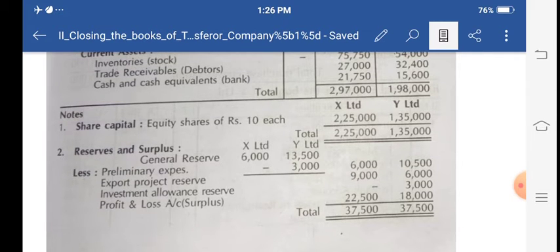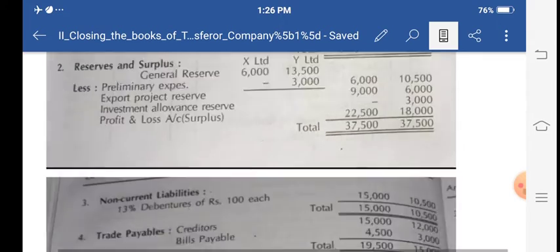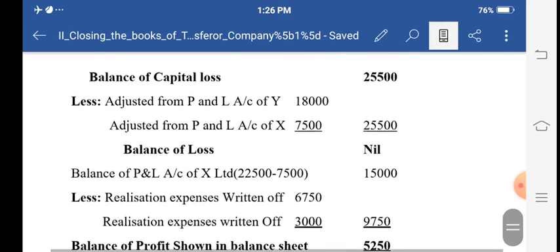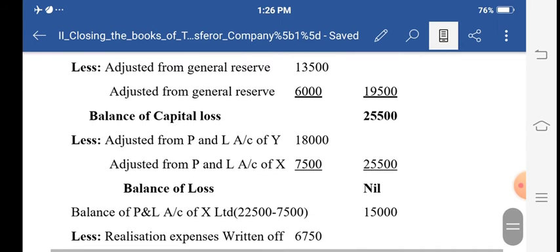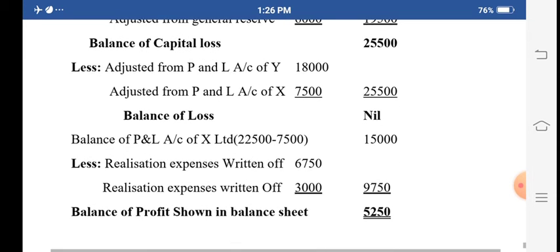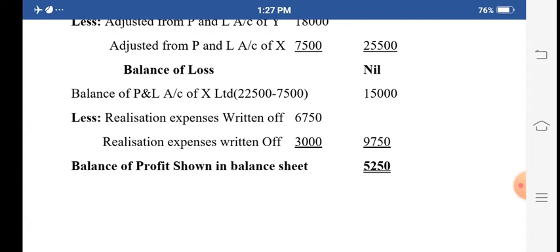The profit and loss account is 20,500, and it is 18,000 plus the adjusted profit and loss account of X Limited, which is the realization amount of 7,500. Subtracting this from 25,500 gives a balance of nil. Next, the balance of profit and loss account of X Limited is 22,500 minus 7,500 from the realization closing amount, which leaves 15,000.